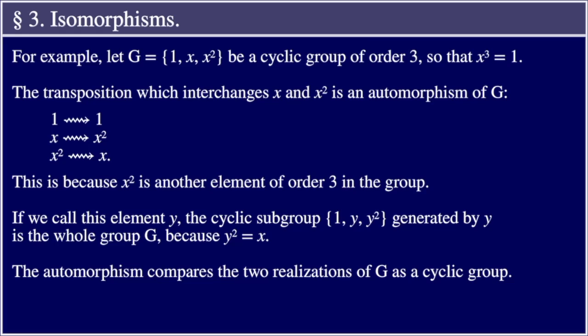The transposition which interchanges x and x squared is an automorphism of G: 1 maps to 1, x maps to x squared, x squared maps to x. This is because x squared is another element of order 3 in the group. If we call this element y, the cyclic subgroup, the set {1, y, y squared} generated by y is the whole group G, because y squared equals x. The automorphism compares the two realizations of G as a cyclic group.